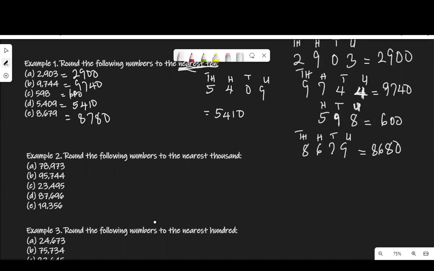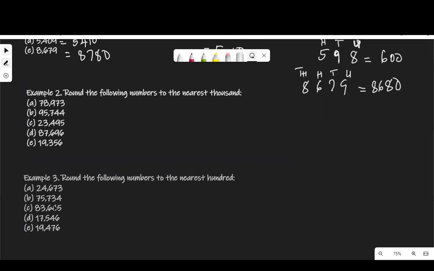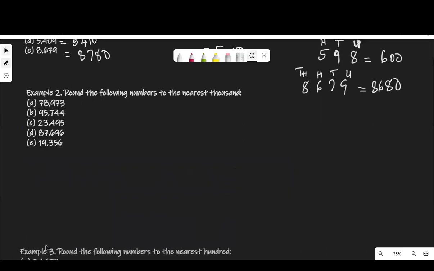Let's move on to example 2. Create some space on this board. Okay. Example 2, we have to round to the nearest 1000.